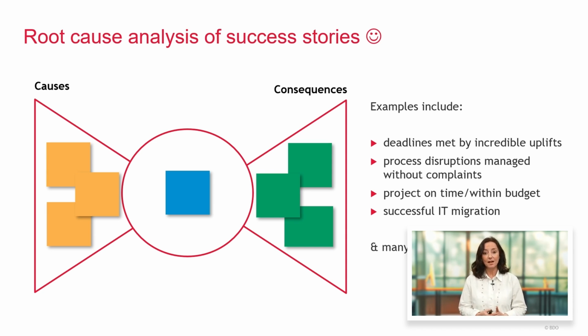Other examples are firms who lived through process disruptions and system interruptions that they managed to compensate with extra work and good customer communication that led to no complaints at all from customers. Or simply projects that are rolled out on time, IT transitions and system migrations that are handled and executed without a glitch.